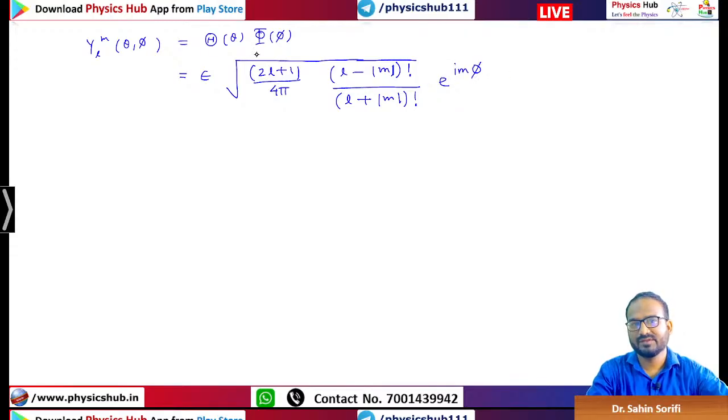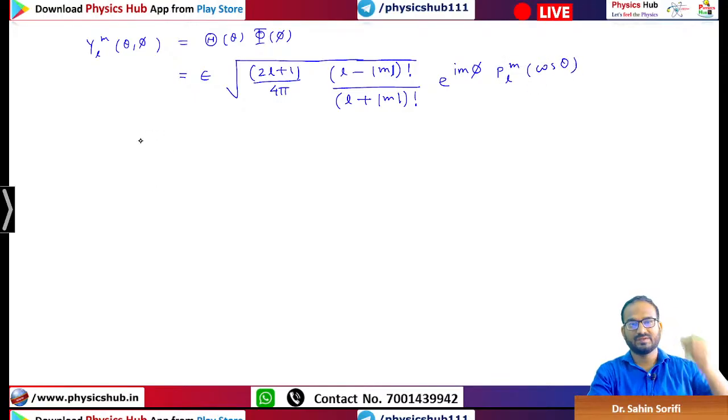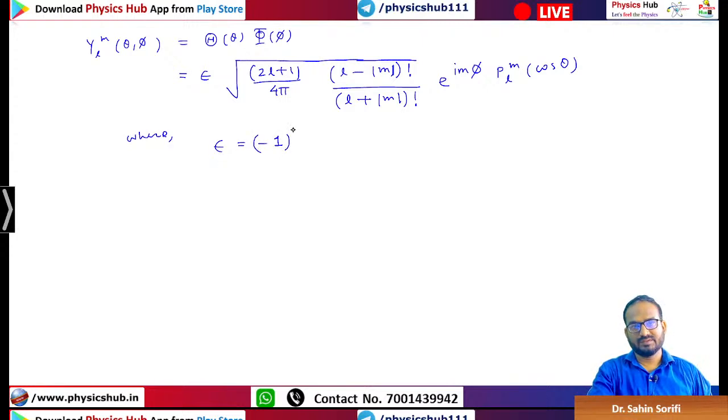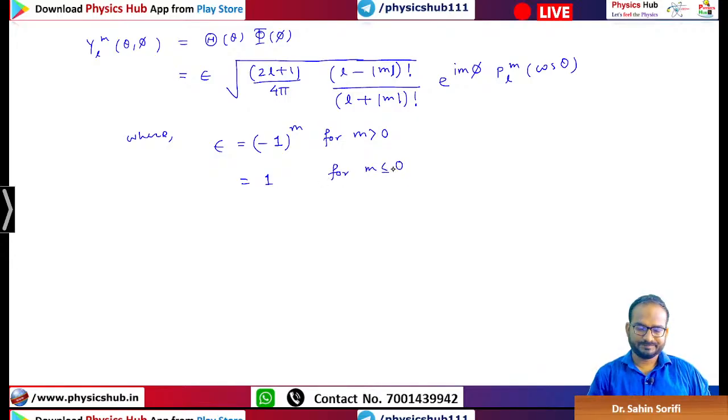So this is coming from the phi part, and P l m of cos theta, where this epsilon has the value minus 1 to the power m for m greater than 0, and this is equal to plus 1 for m less than or equal to 0.